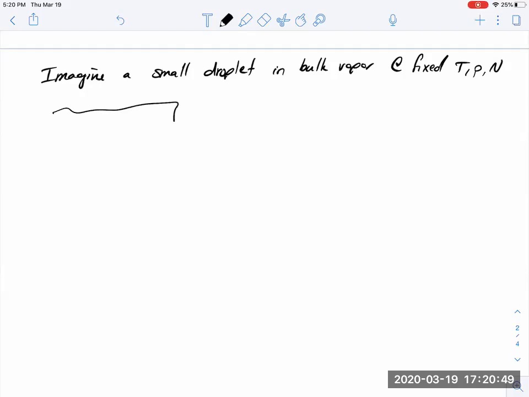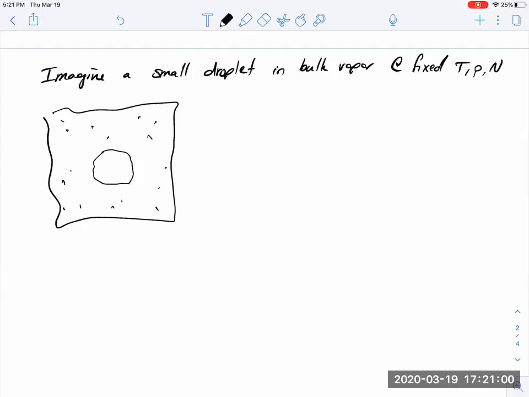Let's draw a little sketch. So I have in a background of vapor a little droplet, made out of some particles. Let's say that the size of that droplet has a radius of r, so its diameter is 2r.